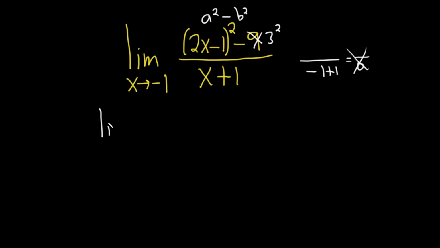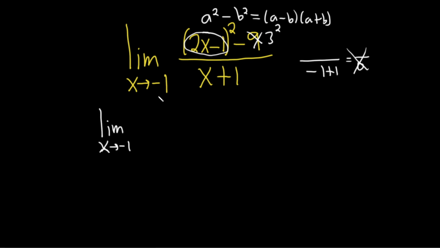So we write down the limit sign again. Remember, it's really important to always write it down until you get to the point where you actually take the limit. In this case, that will mean just plug in the number. So here our a is going to be 2x minus 1. The formula is a minus b times a plus b.